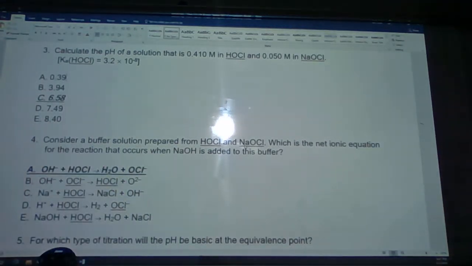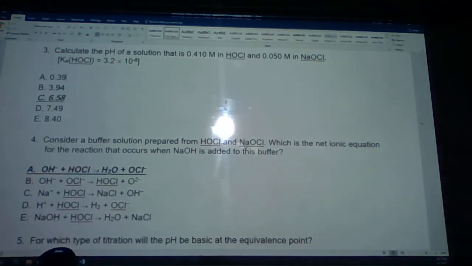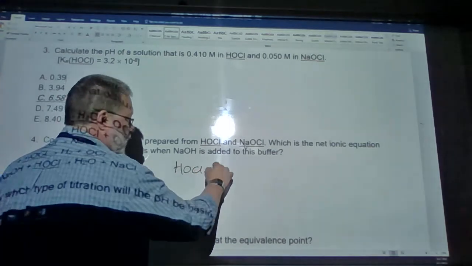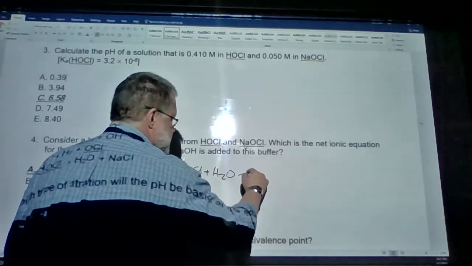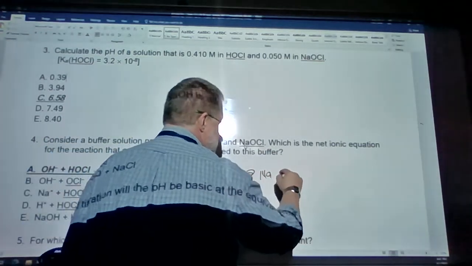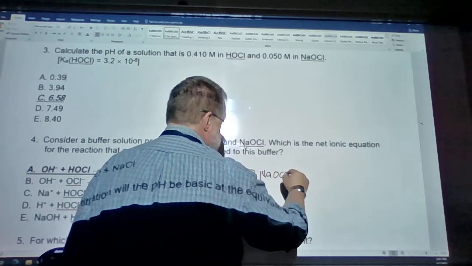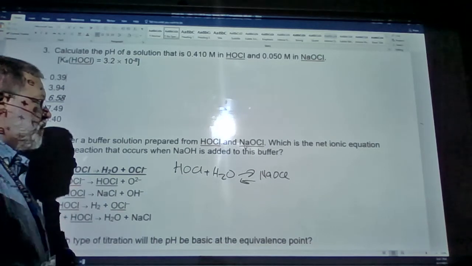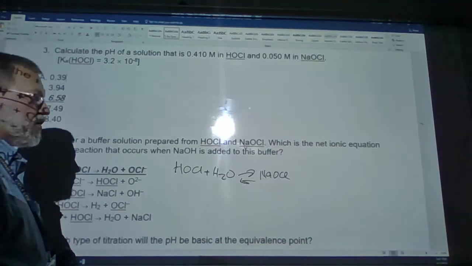Number 4, consider the buffer solution prepared from HOCl and NaOCl. What is the net ionic equation for the reaction when sodium hydroxide is added to this buffer? Well, if we have HOCl and water, what does the HOCl do in water?